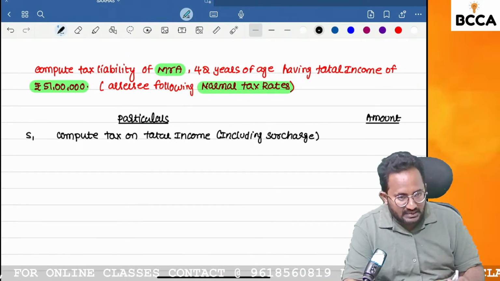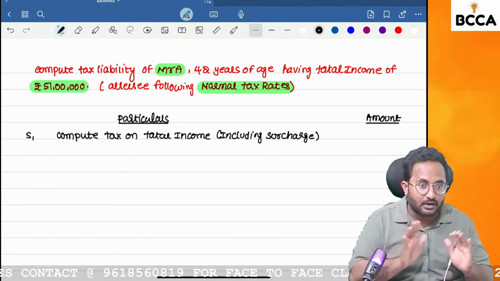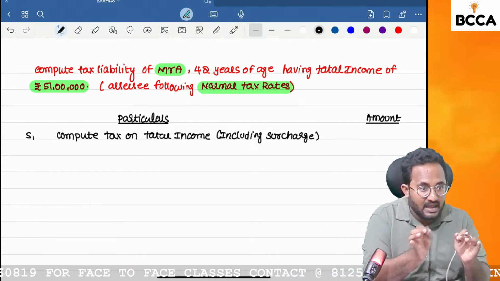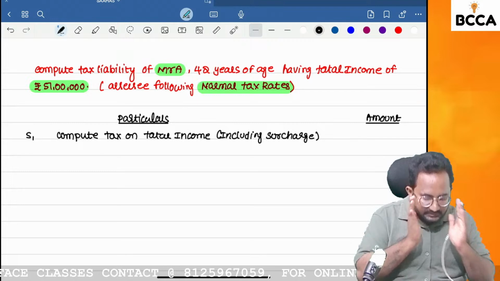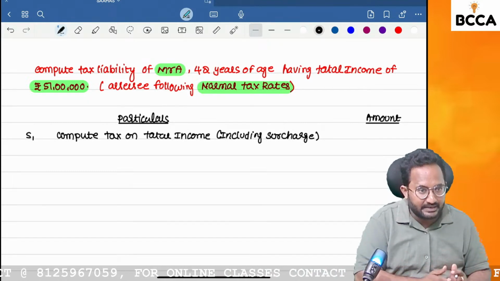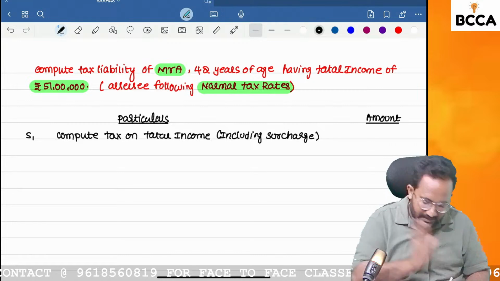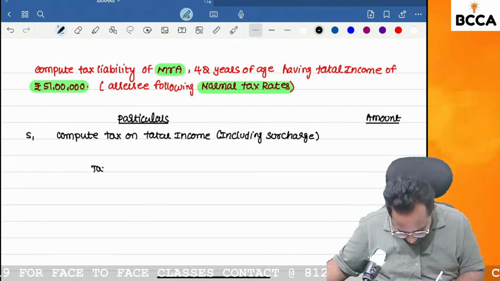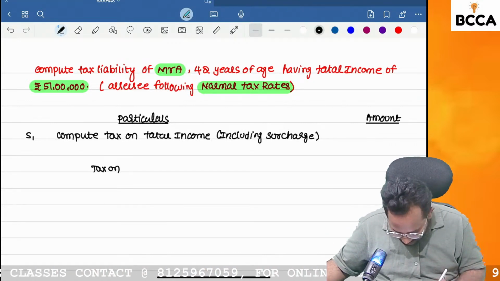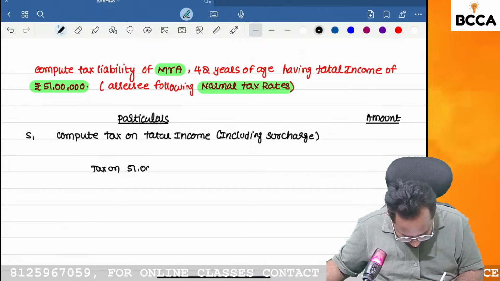So please calculate the surcharge, including surcharge only. No need to include health and education cess. Just calculate the tax liability on the total income, including surcharge. That means what is the tax on 51 lakh?